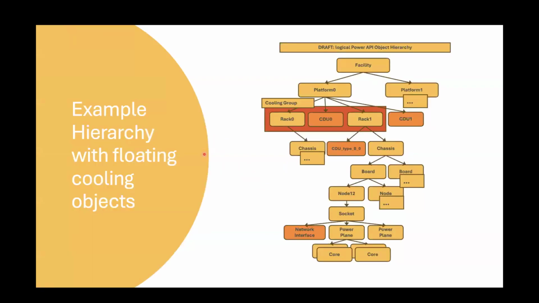Okay, so let's take a look at a new example of a PowerAPI system of objects with floating cooling objects in them. And I should mention an important point in here. Part of the reason why we use this layout for the PowerAPI is that it is very compatible with existing tools that will already map systems in this way.